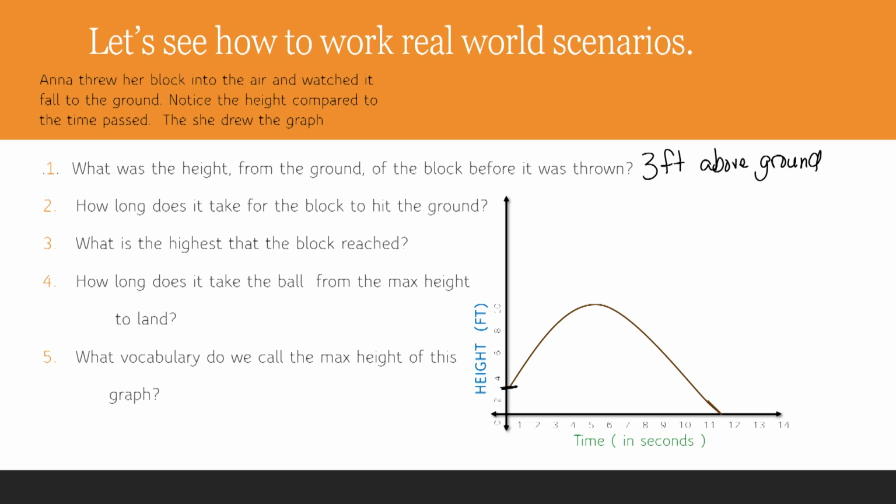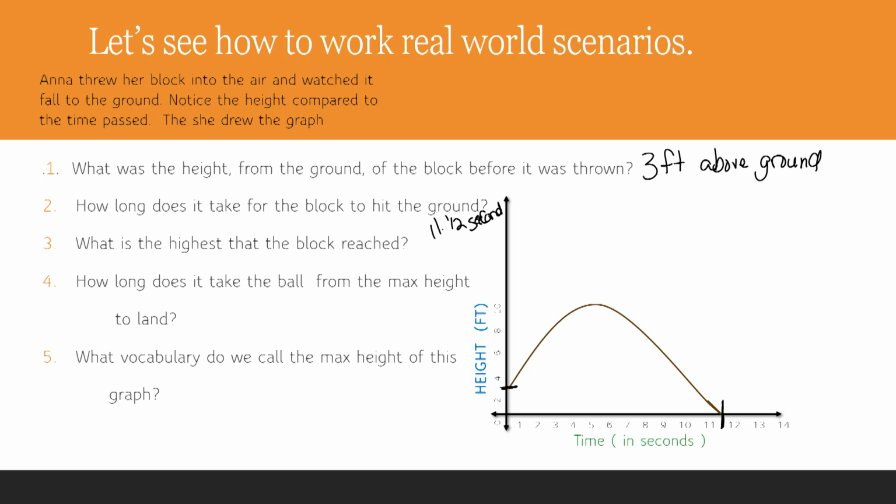Then it says, how long does it take for the block to hit the ground? So now we're having to look at that time, which is our x-axis. So it takes till about 11.5 seconds to hit the ground from when she lets it go. And then it says, what is the highest the block reached?